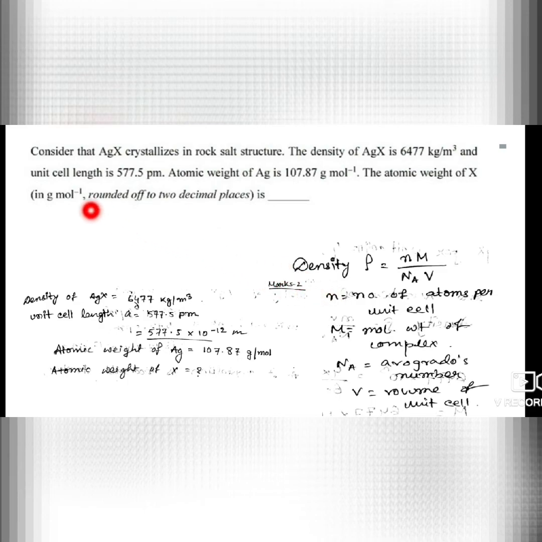So if the unit cell length is a, then a cube is the volume, and Na is the Avogadro number, which is a constant, and rho is given. So from the equation you can easily calculate the value of M. This M is the molecular weight of AgX, and the atomic weight of Ag is given, so from the molecular weight of AgX you can easily calculate the atomic weight of X.